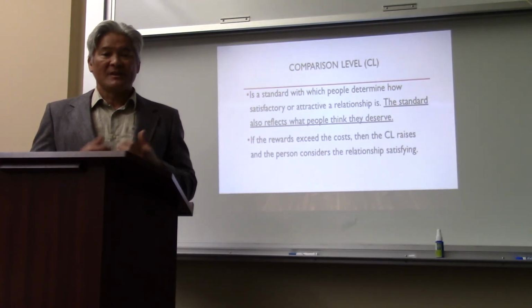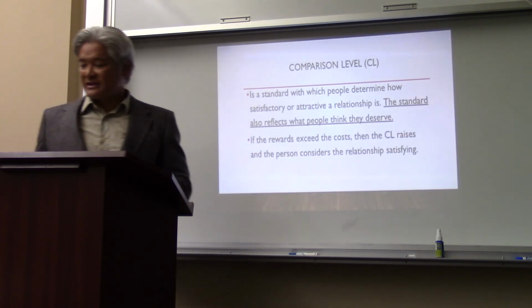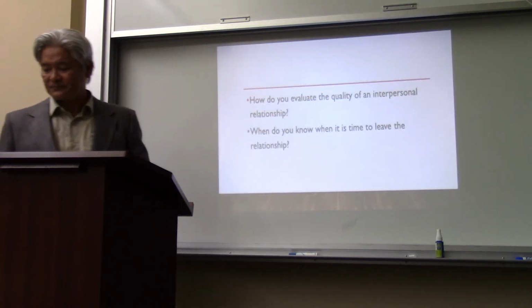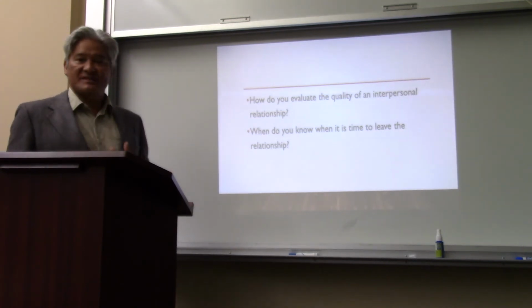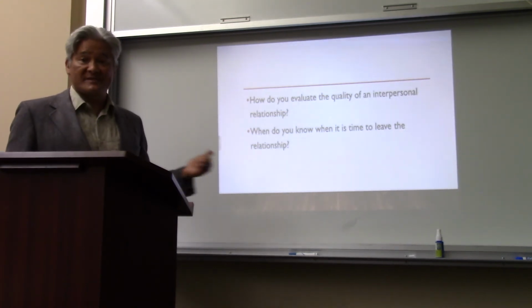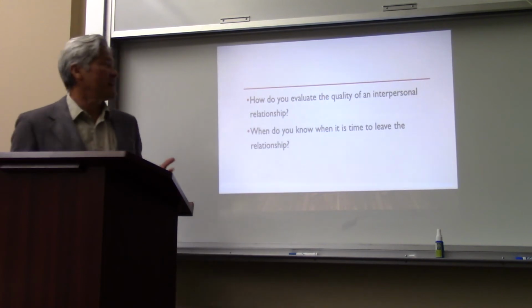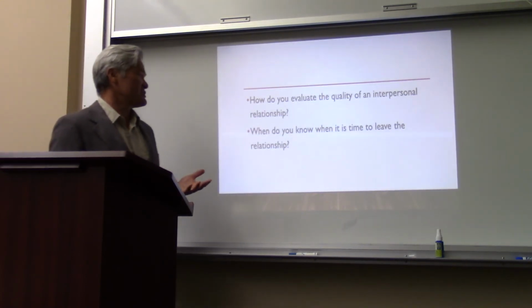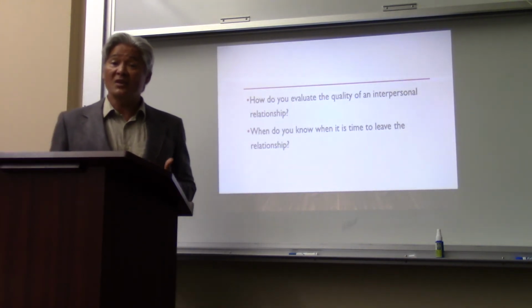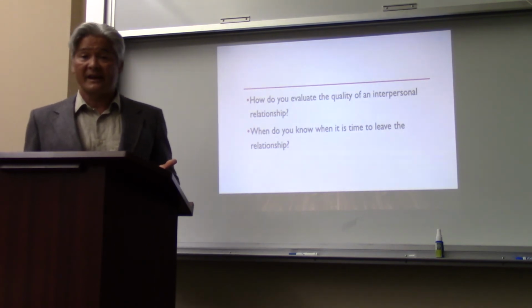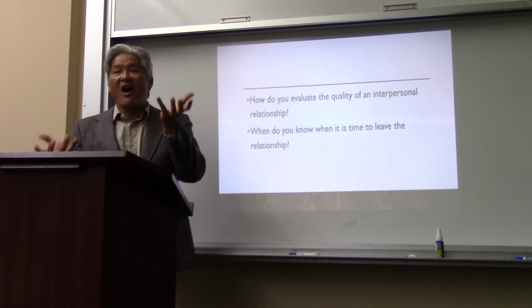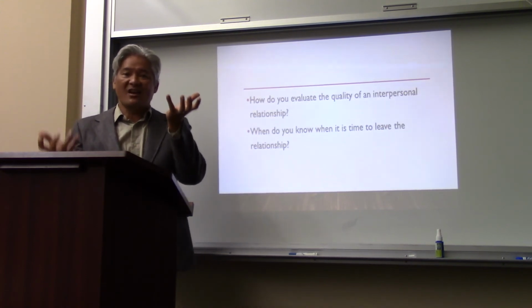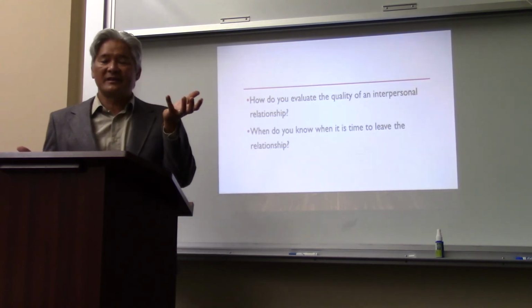So that's social exchange theory. If we were in class, I'd ask you these questions and we'd talk about it, but I'll save this for a discussion board. How do you evaluate the quality of an interpersonal relationship? And when do you know it's time to leave? How much weightier do the costs need to be compared to the rewards?